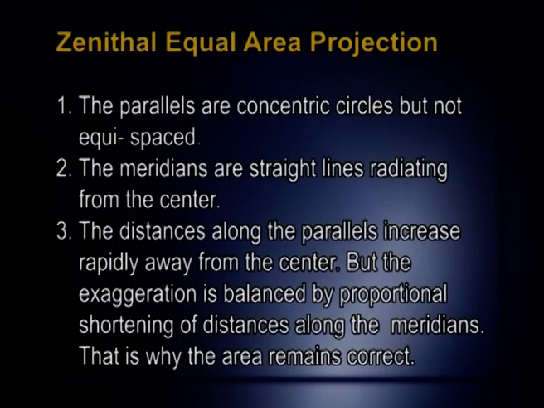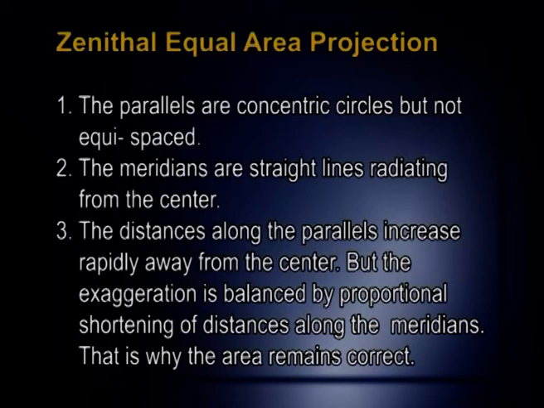Properties. Number 1, the parallels are concentric circles but not equi-spaced. Number 2, the meridians are straight lines radiating from the center. Number 3, the distances along the parallels increase rapidly away from the center, but exaggeration is balanced by proportional shortening of distances along the meridians.